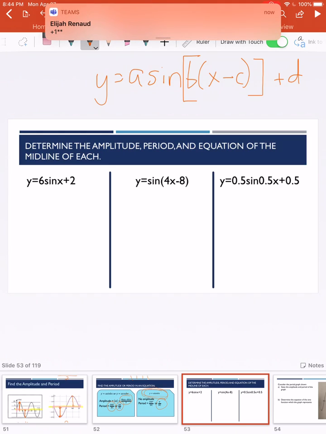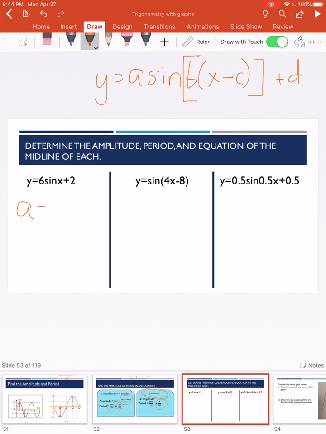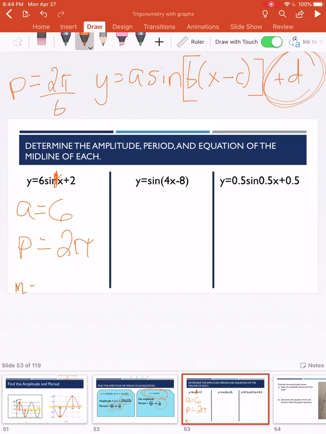In my first example here, my amplitude is 6. My b value, because there's no coefficient here, I would assume is 1, which means my period would be 2 pi over 1, which is just 2 pi. Of course, we're using that equation from the first screen, period equals 2 pi over b. The midline is that d value. So that is your midline.